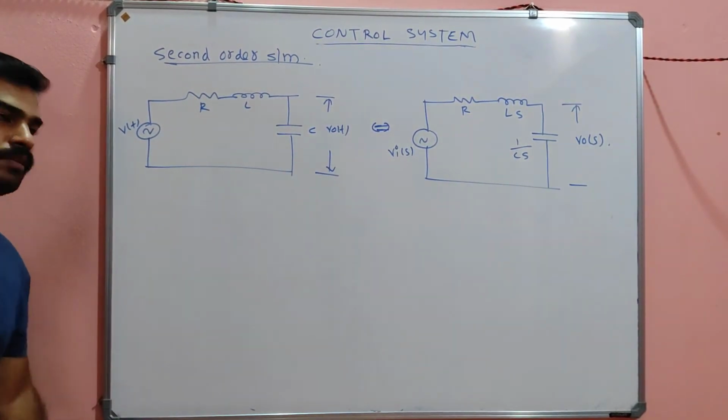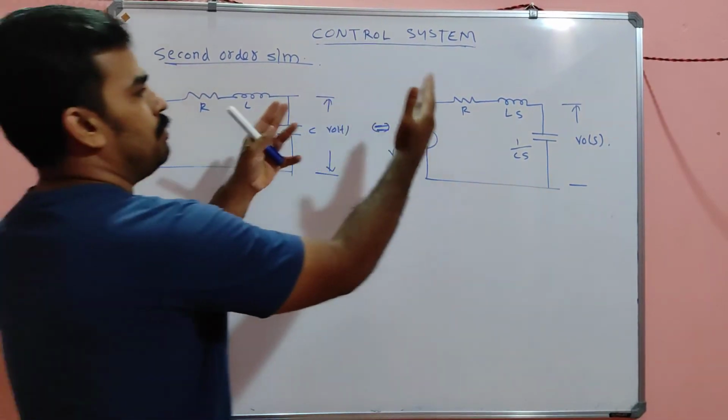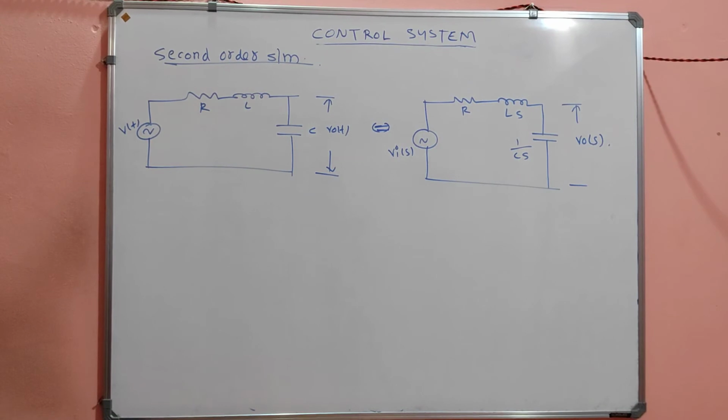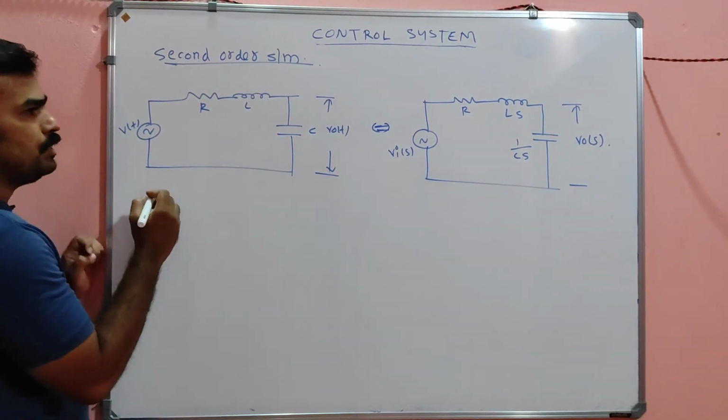That is the meaning of order, simple. So convert it into the Laplace equivalent circuit. This will be the figure: VA of S, R, LS and 1 by CS. And now what will be V0 of S, my dear?